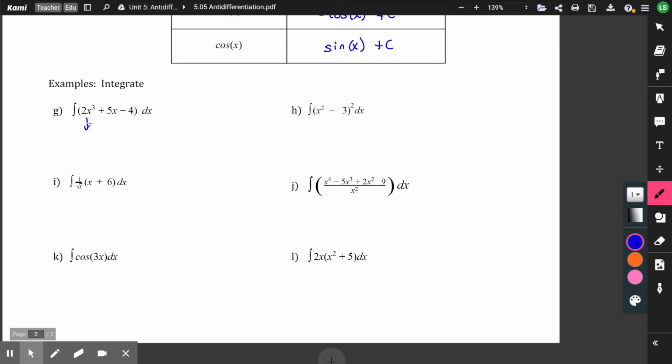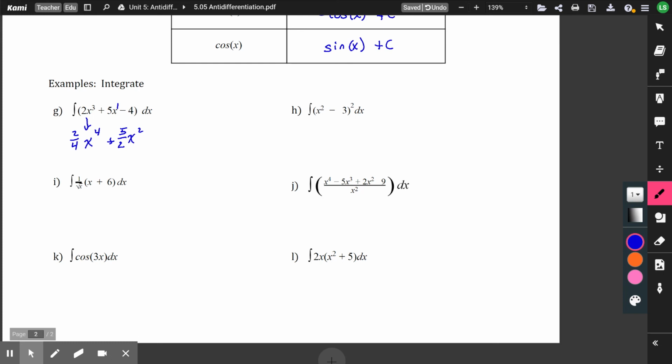For this very first term, we have x to the third. It's going to be raised to x to the fourth, and we're going to have to take that 2 and divide it by that new exponent of 4. For the next one, this is x to the first, so it's going to be raised to x squared, and the 5 is going to have to divide by that new exponent of 2.